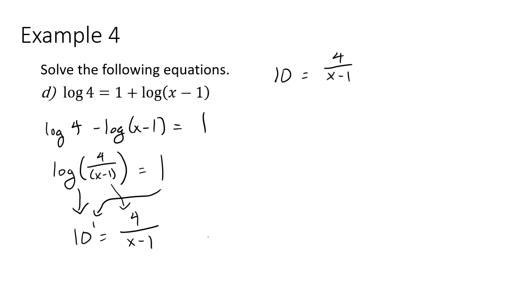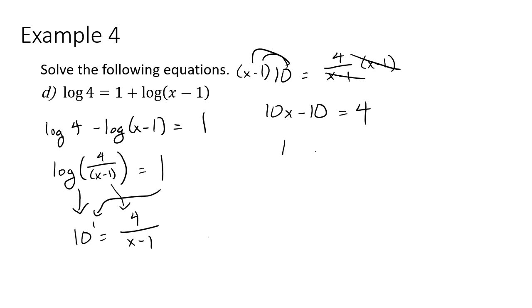All right, so now I want to get rid of the fractions. I'm going to multiply both sides by the common denominator of x minus 1. There's only one denominator. And then I'm going to distribute through to get rid of the parentheses. So we would have 10x minus 10 is equal to 4.